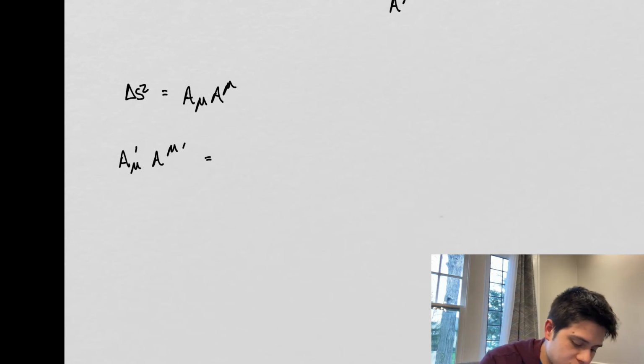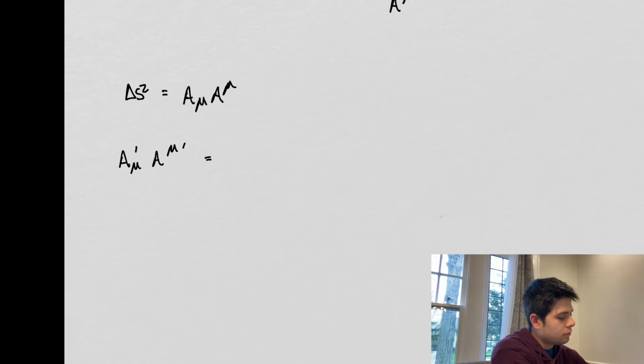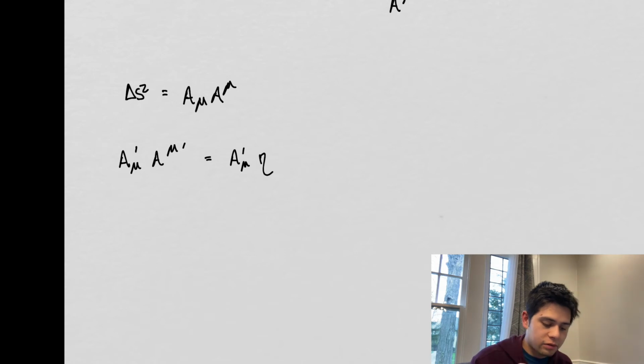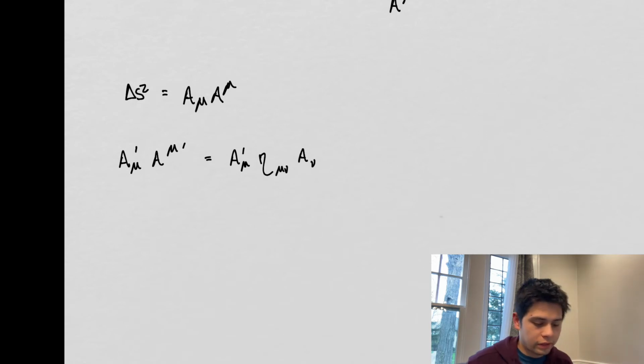And it should also preserve this sort of structure, let me double check, I just want to make sure I'm doing this right, where this is the same thing as a mu prime times our Minkowski metric mu nu a nu, like that. Right. Okay.